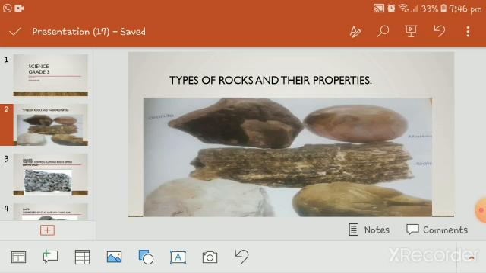Some rocks are very smooth, some are rough, and you can see different kinds of grains. They are made up of mixtures of mineral grains. These grains are called mineral grains, and some rocks have different kinds of layers. Look at this picture very carefully, and you can feel the difference between the rocks. Each rock is different from one another.